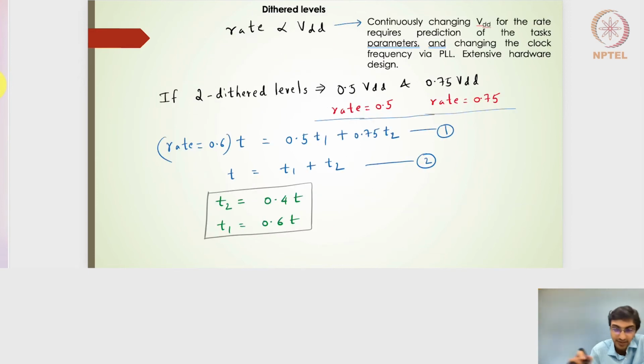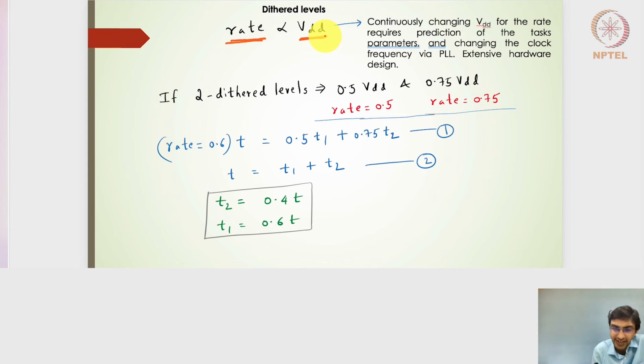Going to the next one, moving ahead. What we are saying is, whenever we want to plan the switching rates for completing a task, we will also change the VDD in a linear relationship.